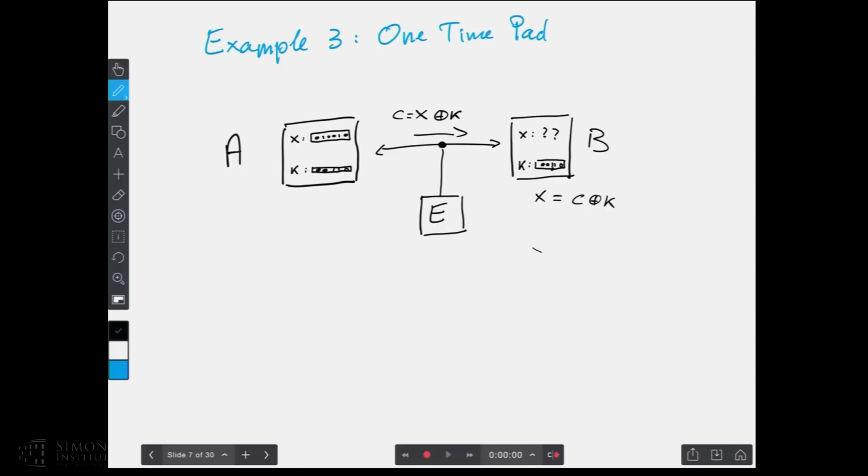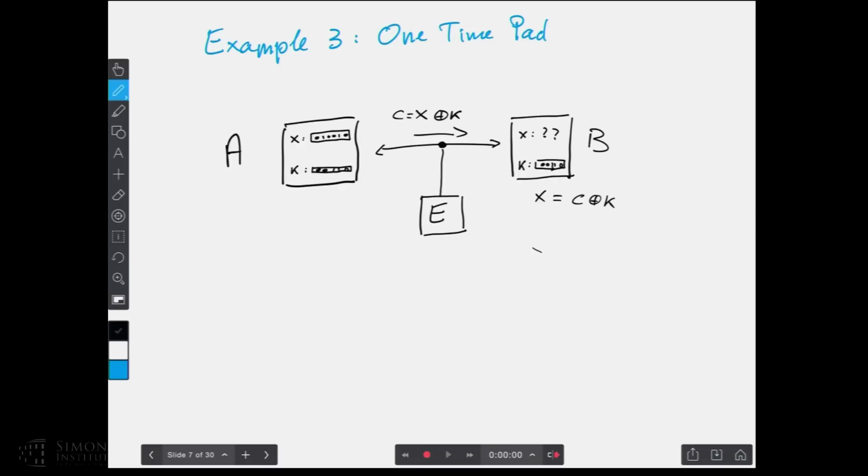But the reason why it's called one-time pad is that if later there is some other message that party A wants to send to party B, it cannot do the same thing again, because then a lot of information about the message will leak.